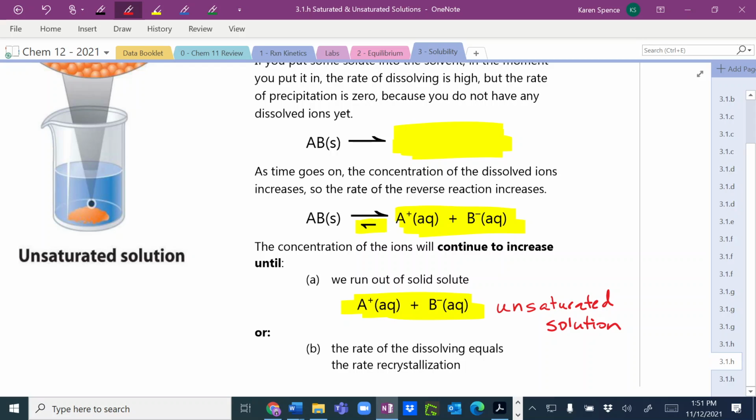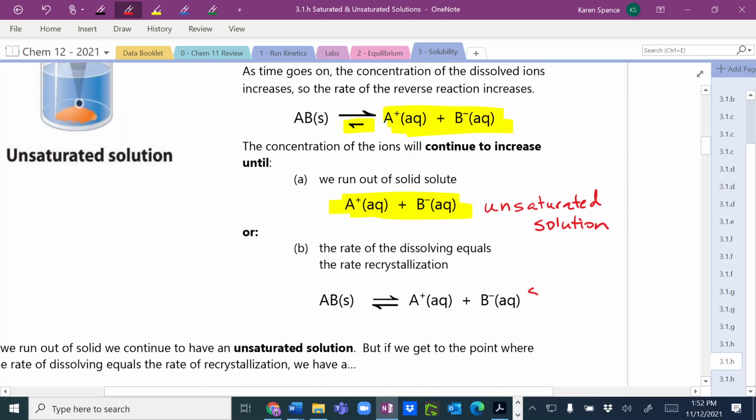And is the solution still unsaturated? It is saturated. No more can dissolve because every time one dissolves, another one recrystallizes. So you can't get any more to go in if the two rates are equal. So this is a saturated solution.